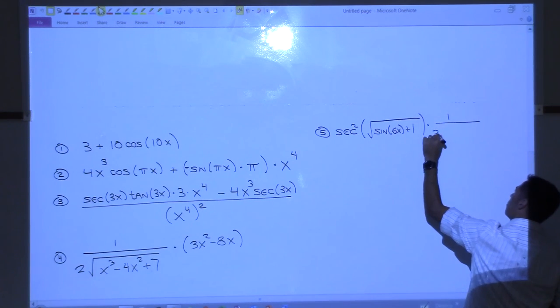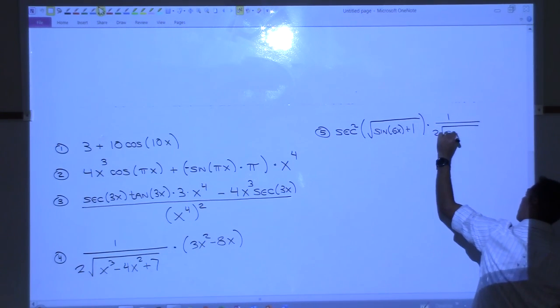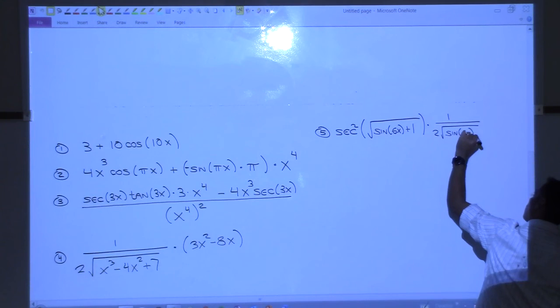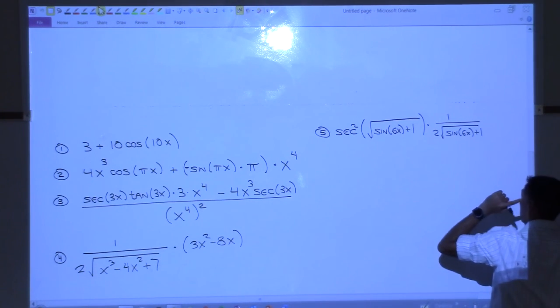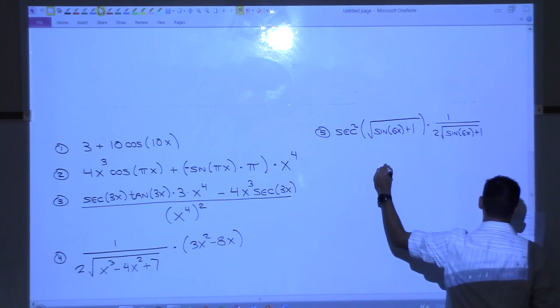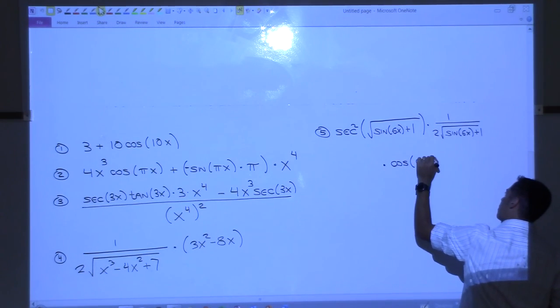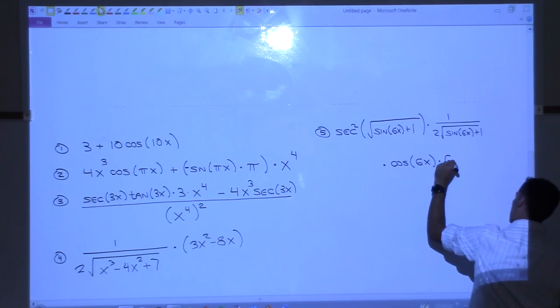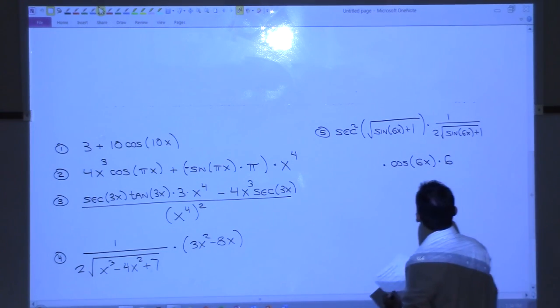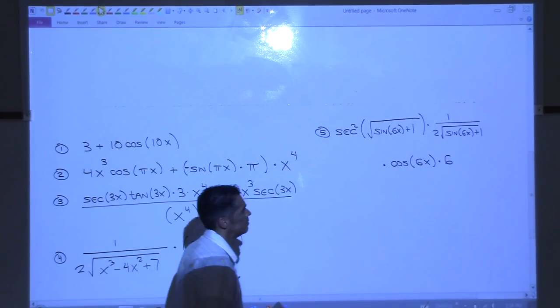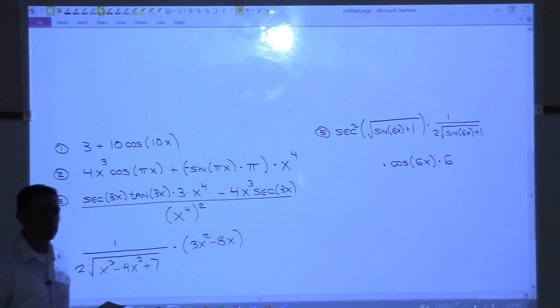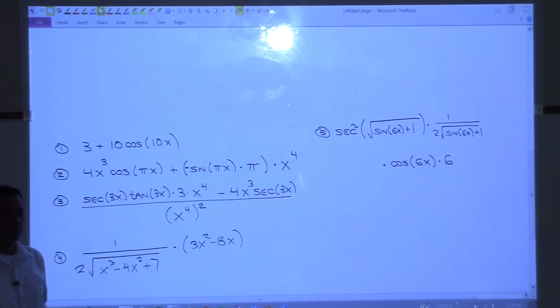So 1 over 2 square roots of sine of 6x plus 1. And then you have to take derivative of the sine part. I'm just going to continue it down here. Times cosine of 6x times 6. Yay or nay? Yes? You sure? Okay.